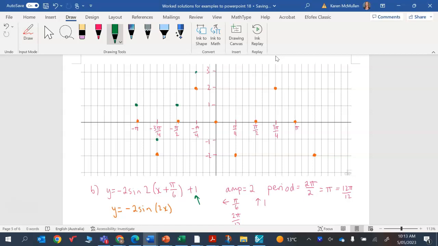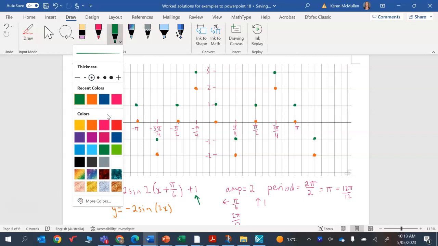And this is good with mapping as well, if you wanted to know how a point has changed. And you'll see that our range now, because our shift has gone up 1, is from -1 to 3. So our minimum value is -1 and our maximum value is 3.